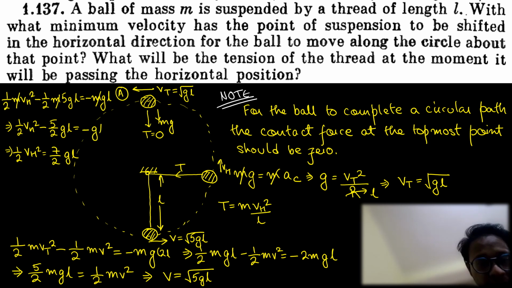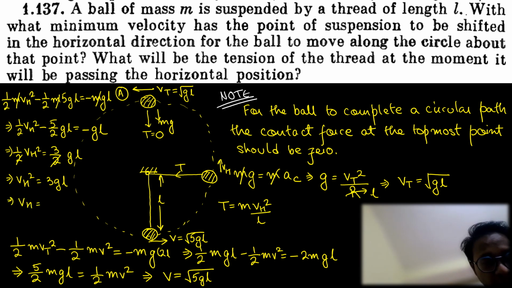Instead of 7 by 2 gl, if I send this minus 5 by 2 to the right hand side, so 5 by 2 gl minus gl, or 5 by 2 minus 1, is nothing but 3 by 2 gl. 2 and 2 will get cancelled, and vh square would be 3gl, or velocity at horizontal position would be under root of 3gl.